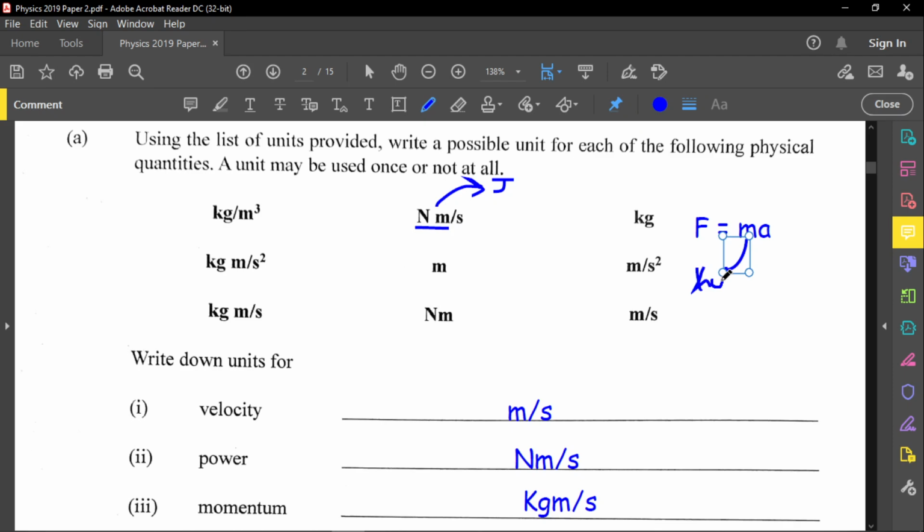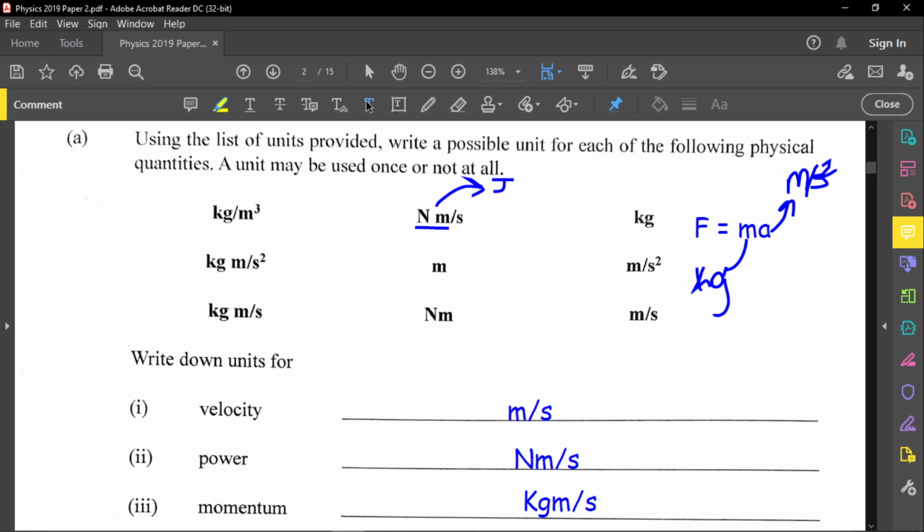And acceleration is measured in meters per second squared. So now let's look carefully. If you put kilograms, meters per second squared together, then that should give us our formula for weight, because weight is a form of force.